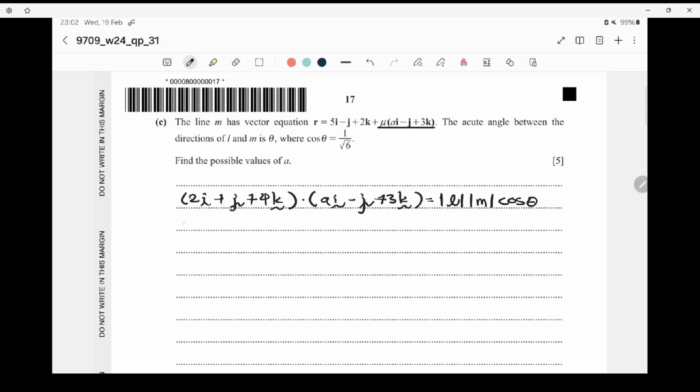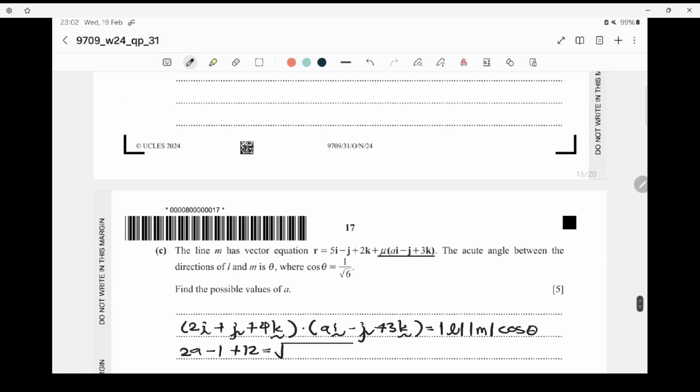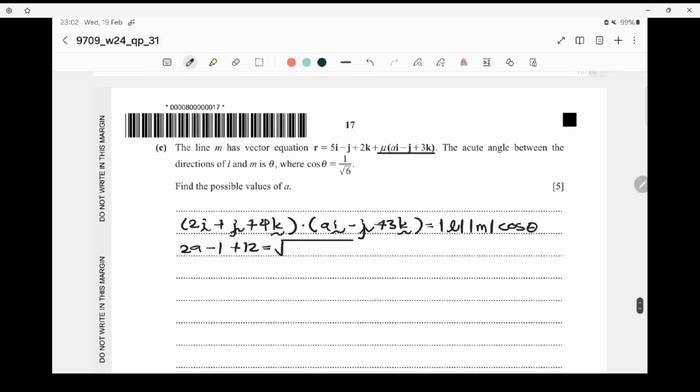So what you will have is 2a minus 1 plus 12. The right hand side, for 2i plus j plus 4k, you have 4 plus 1 plus 16, multiplied with the other one, which is a squared plus 1 plus 9, and then cos theta is given by 1 over square root of 6.